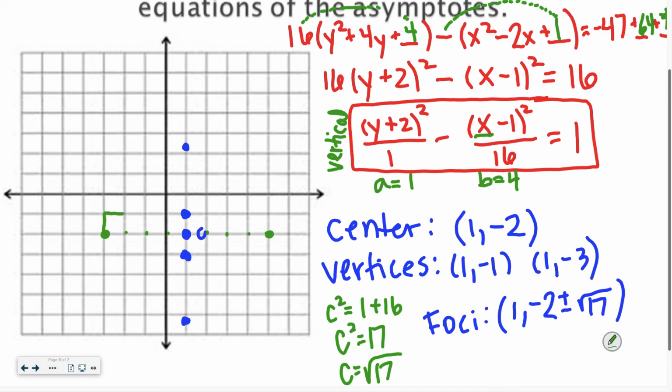And very lightly, because it doesn't even exist, I'm going to make this rectangle connecting the vertices and these b coordinates that I just made, so that we can create 2 asymptotes going through the center and the corners, making diagonals.